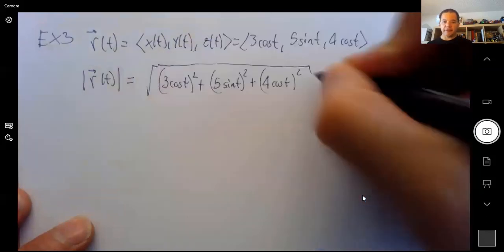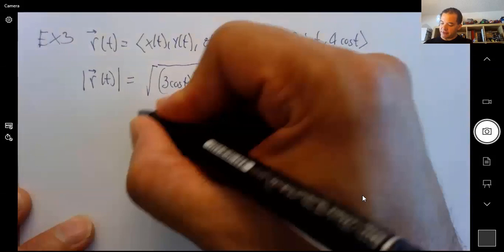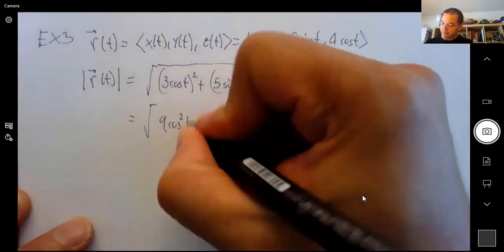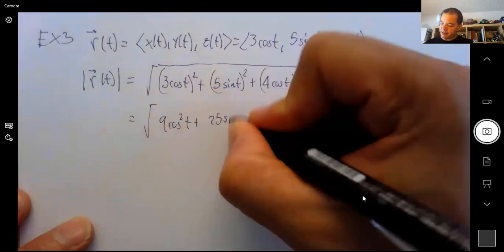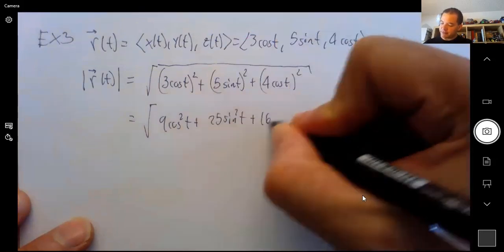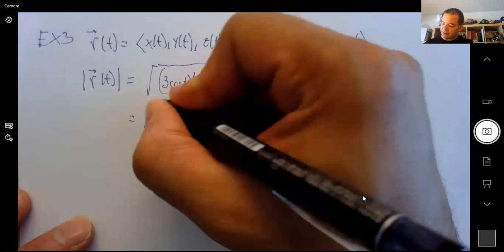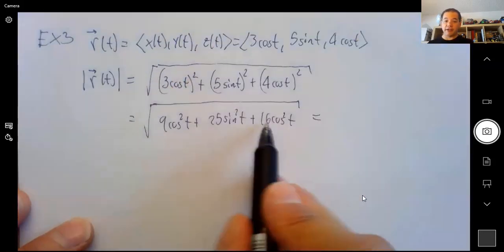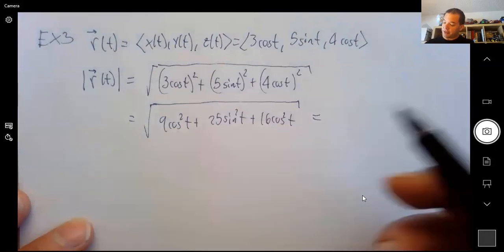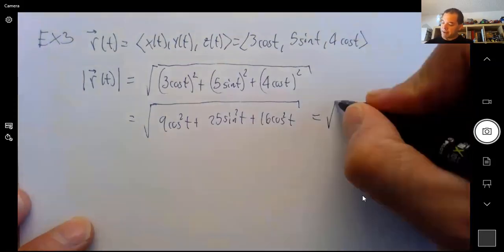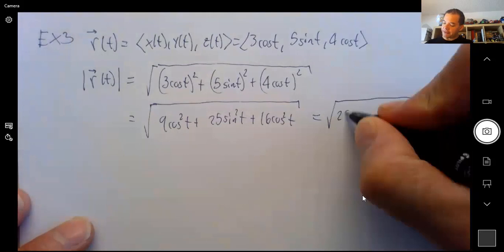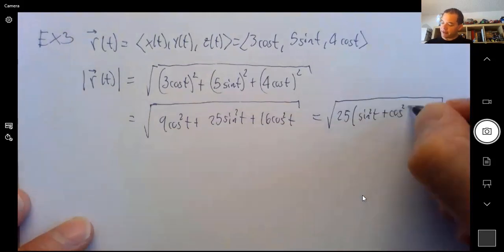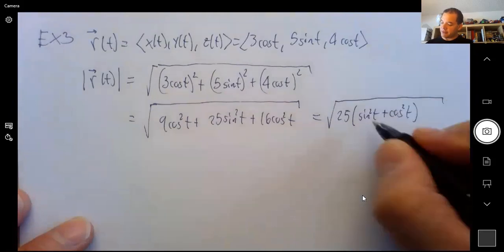Now let's see. This is 9 cosine square plus 25 sine square plus 16 cosine square. And we're just so lucky that 16 and 9 is 25, right? So this becomes a 25 that I can factor, and then it's sine squared t plus cosine squared t, and this is 1.